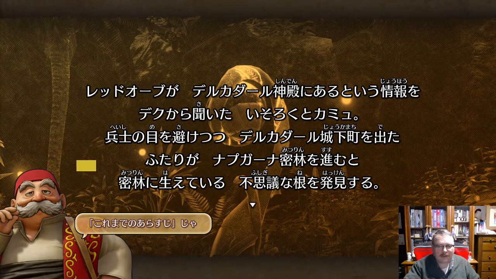So the entire sentence gets a little bit unwieldy when you translate it into English, because in English it would be two sentences, but I'll go ahead and translate it as one sentence. Here we go.